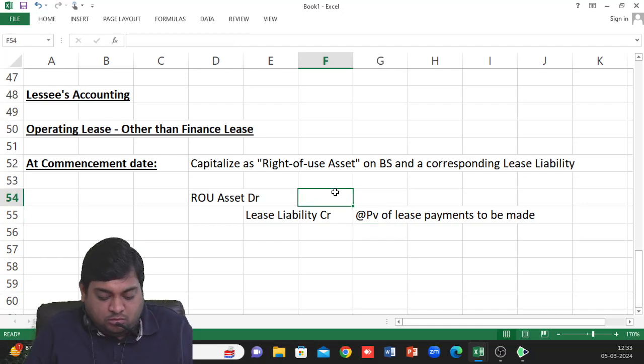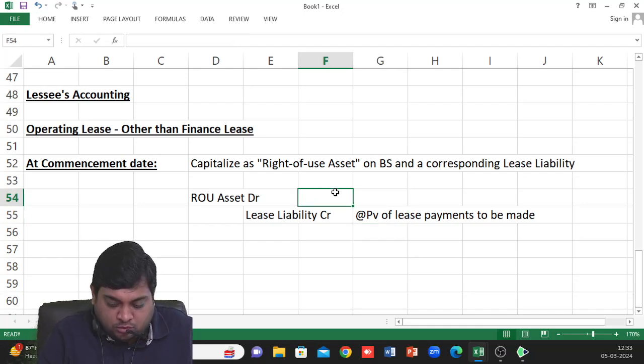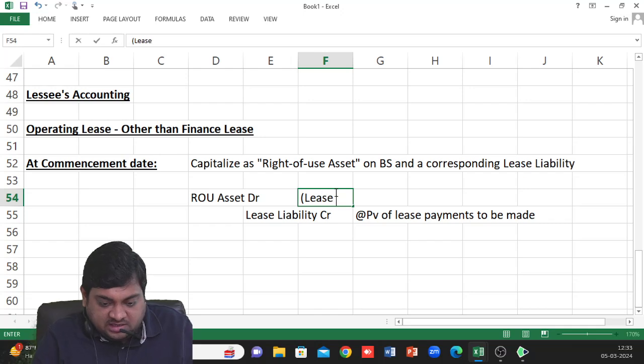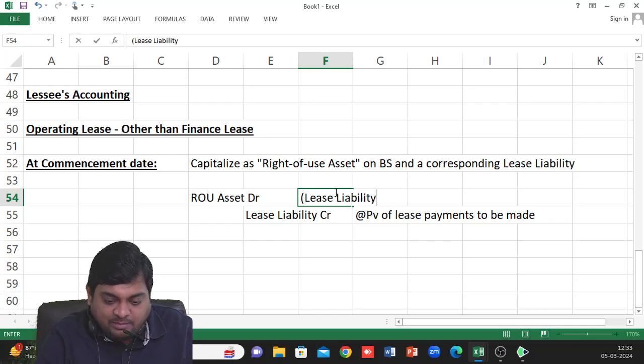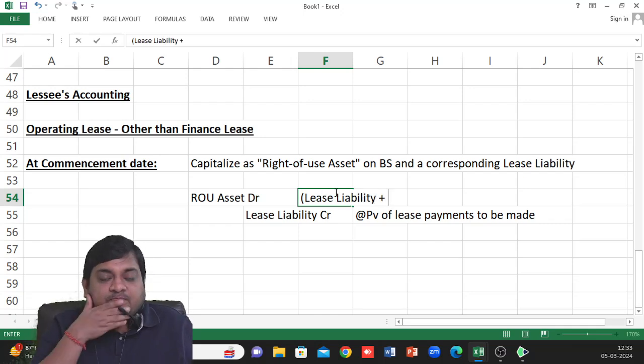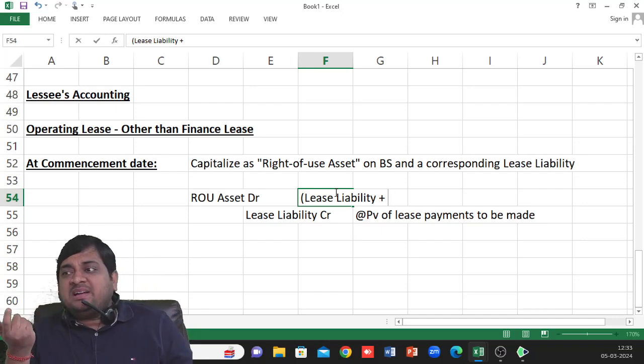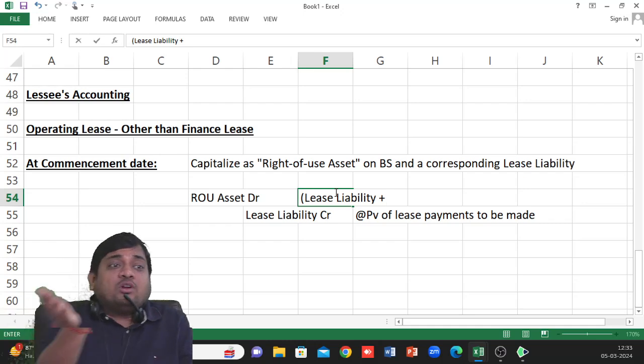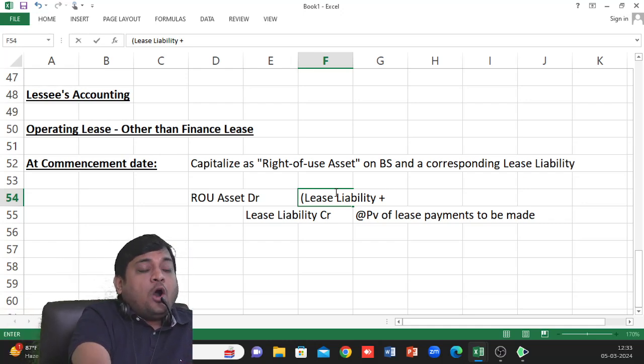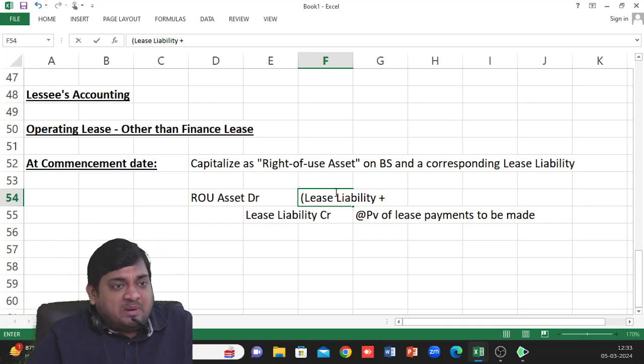Now, what about the asset? It is lease liability plus any payments that I might have made before the lease term or any down payment that might have been paid today.